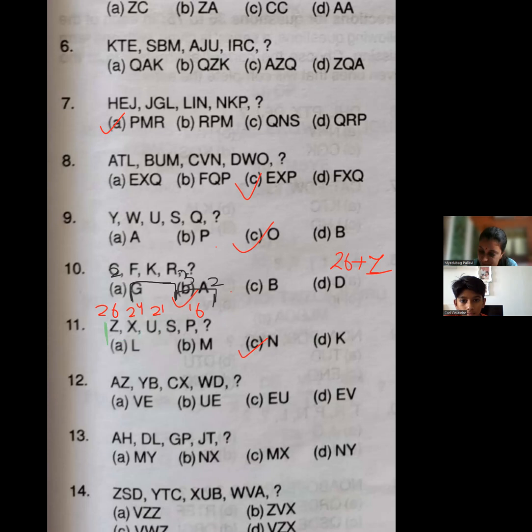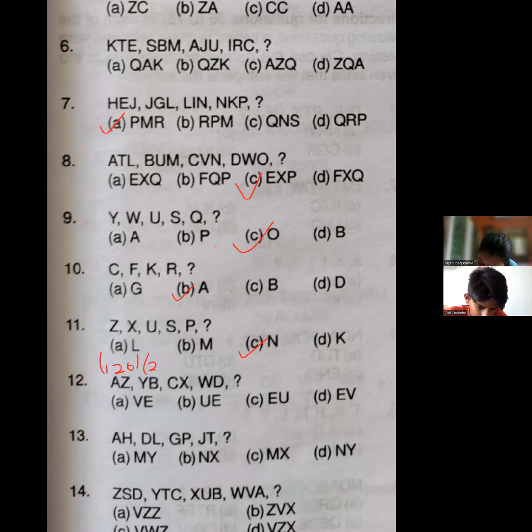Let's do the 12th one. So it's 1 and 26, then 25 and 2, then 3 and 24, and then 23 and 4.